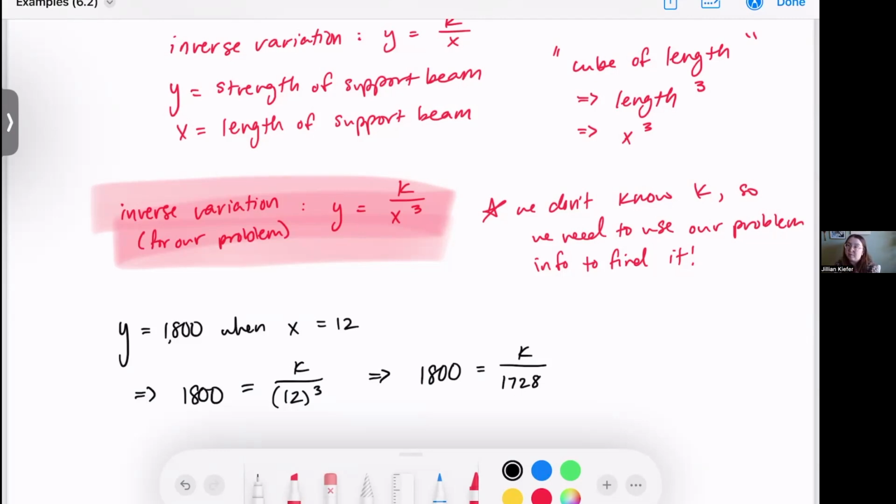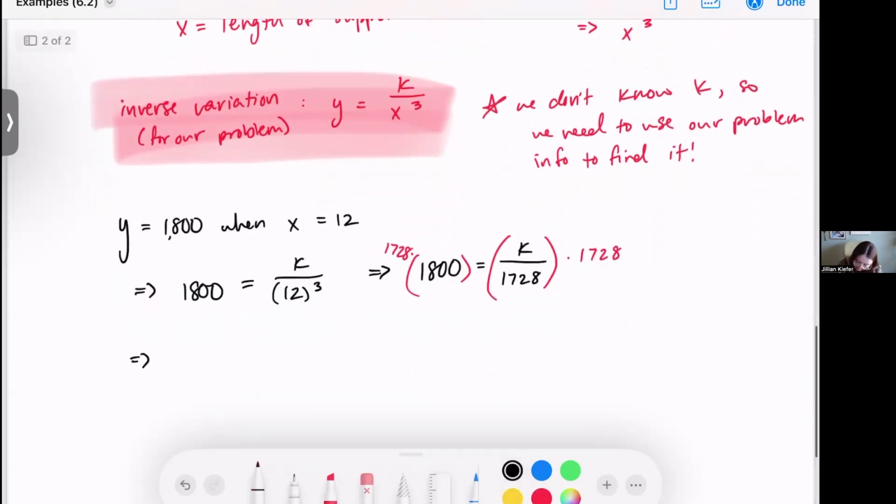K is being divided, so what we want to do is multiply by what K is being divided by on both sides. So we're going to multiply each side by 1728. And this becomes 1,728 times 1,800, and this is going to be equal to K.